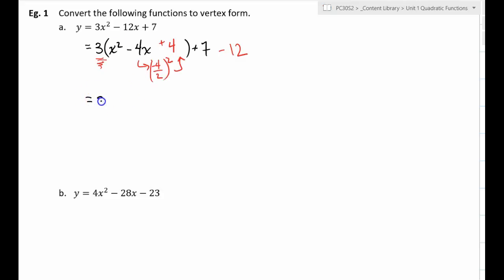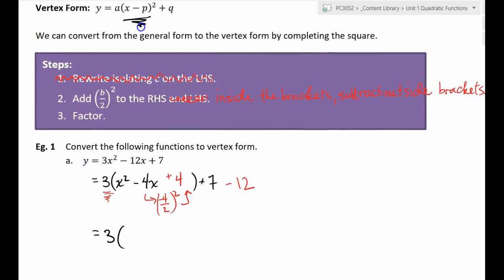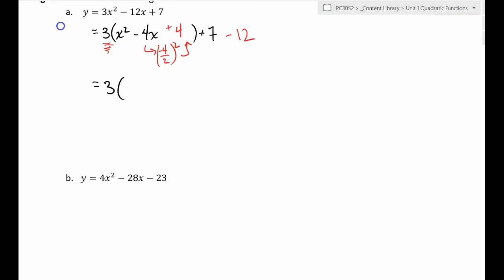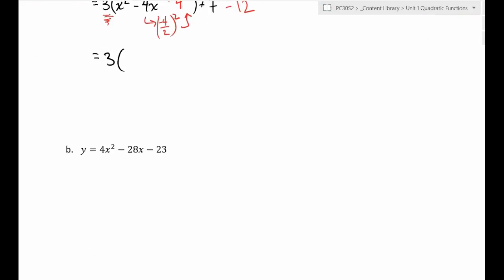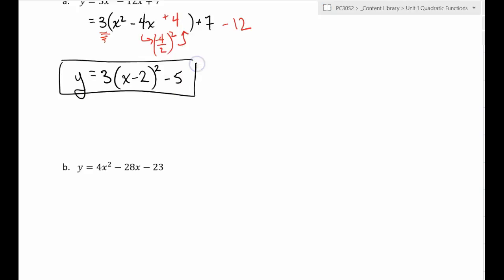So when I go to rewrite this, the whole point of this is to create that perfect square. So the perfect square that's present here is x minus 2 squared. 7 minus 12 is negative 5. And so that is my equation in vertex form.